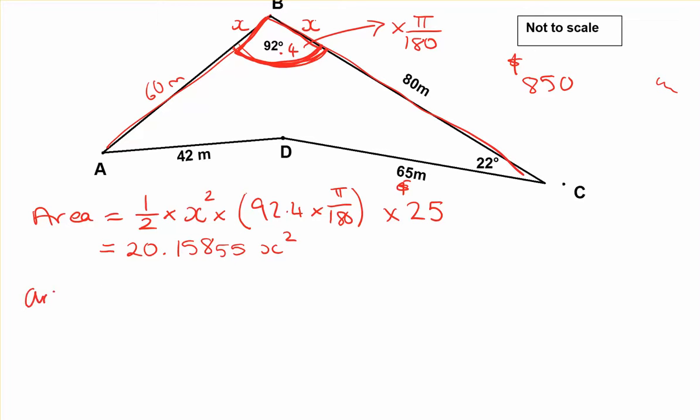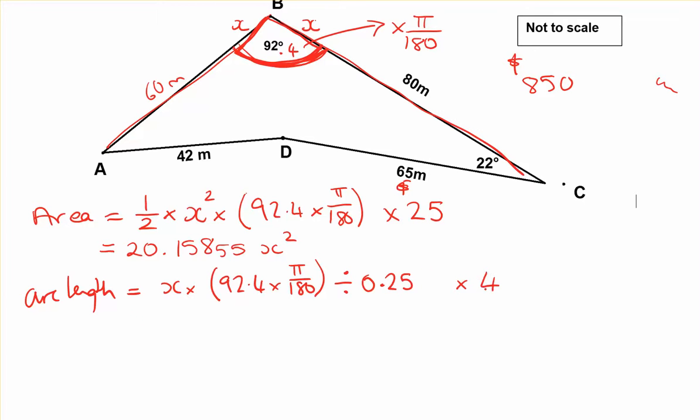Now let's think about the arc length, which is just the radius times the angle, but it has to be in radians. Now once I've got that, we're told that the paving stones are 25 centimetres in length, so once again we'll divide by 0.25, and they cost $4 each, so once I've got that answer I'll need to times it by 4.